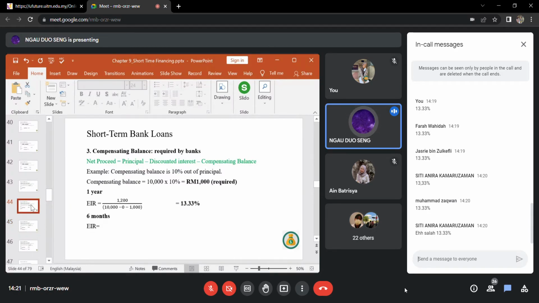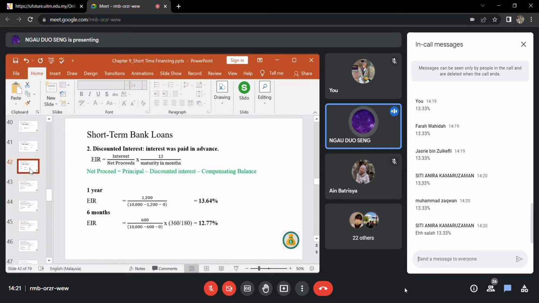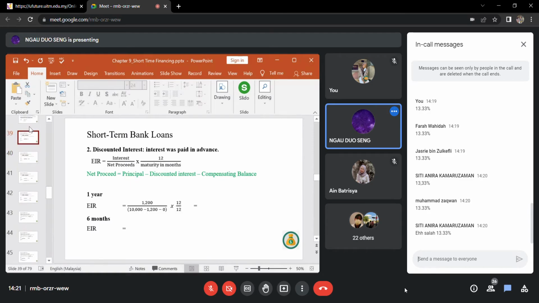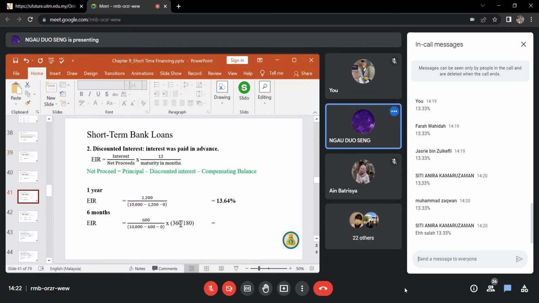Sama dengan the previous I show you, right? Tapi yang ini kita tak tulis. But this one 1 year is equal to 12 months, right? Actually, we have this one belakang, 12 over maturity in months. So for 6 months, we have 12 over 6.